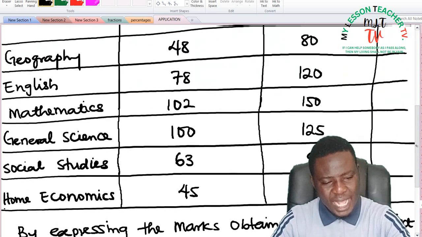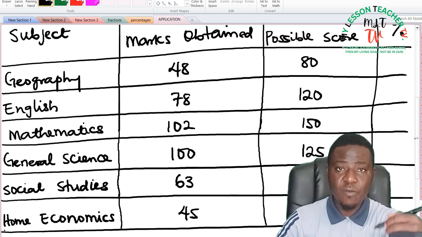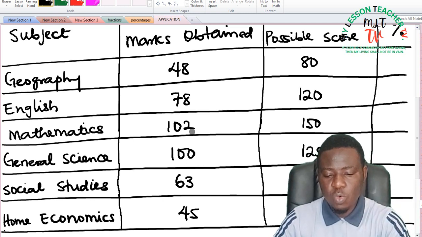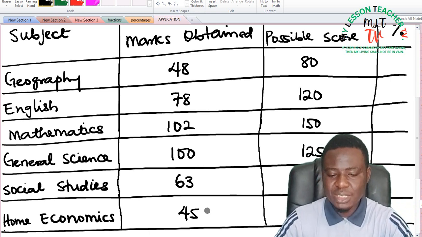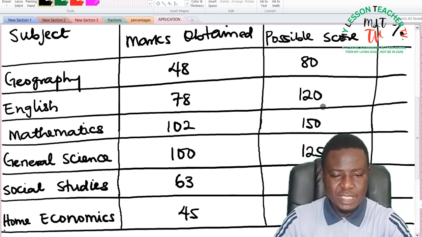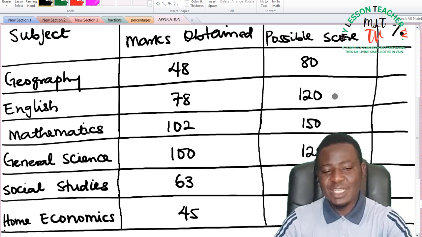Now, by looking at them, you won't be able to tell the subject he performed best. It is not because he scored 102, which is the highest mark obtained, that he did best in mathematics. Because the total possible marks in mathematics is 150, which is equally the highest.